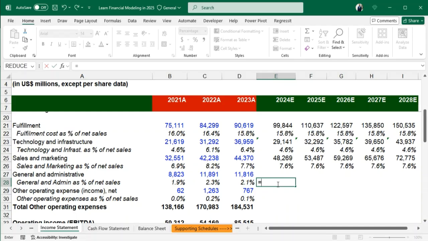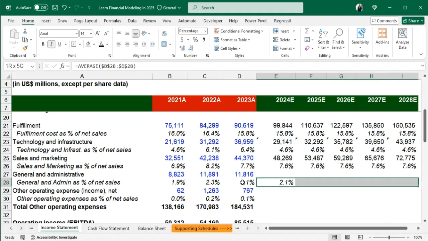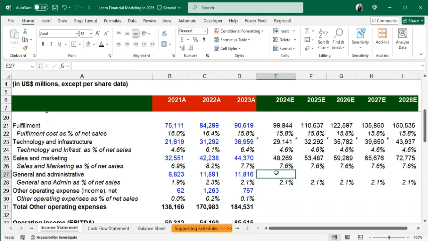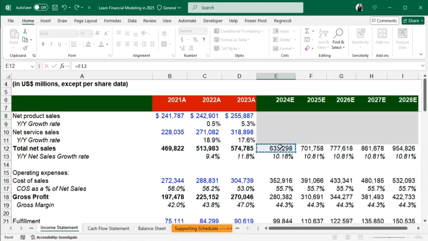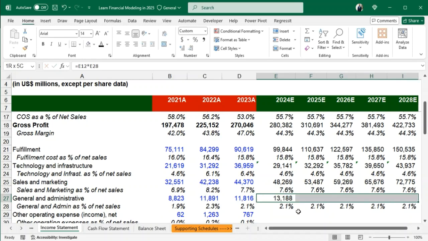So this is equal to average, anchor that, close your parentheses and hit enter, and then I can copy this to the right using Control R, and the percentage is going to be equal to this multiplied by my percentage, format this to 0 decimal places, and Control R, copy to the right.